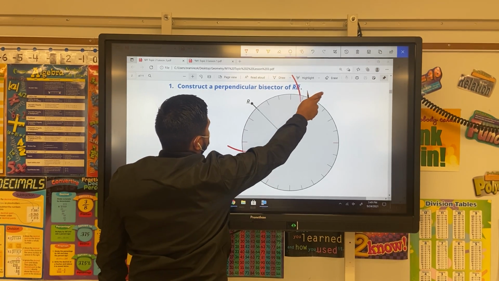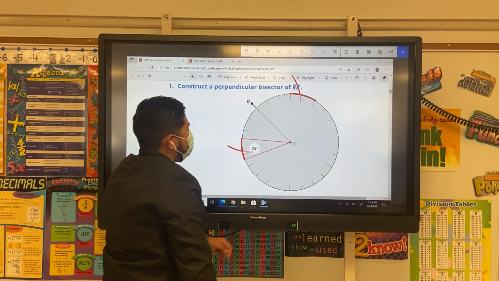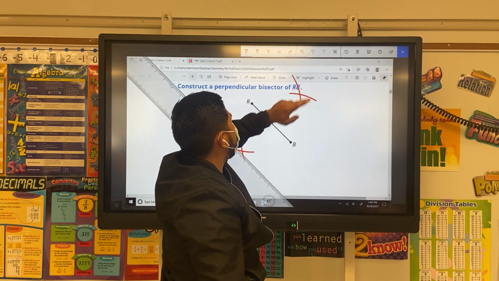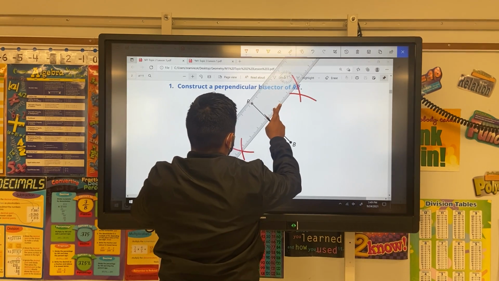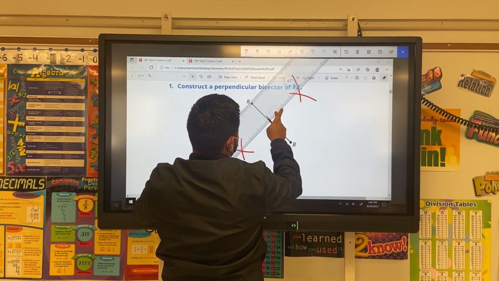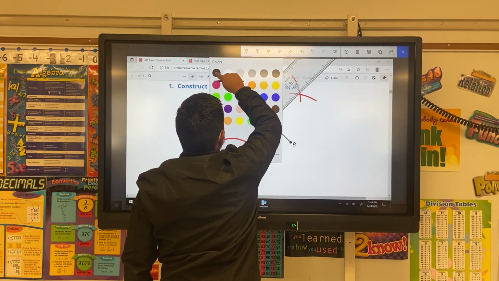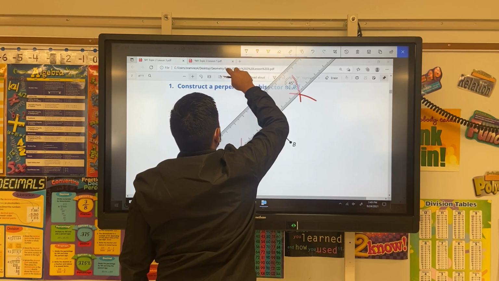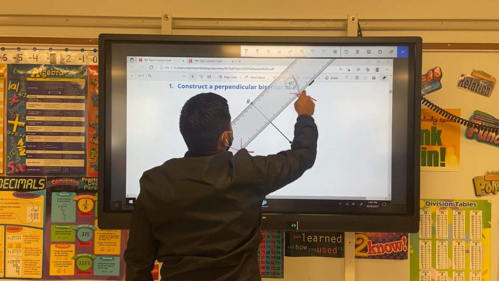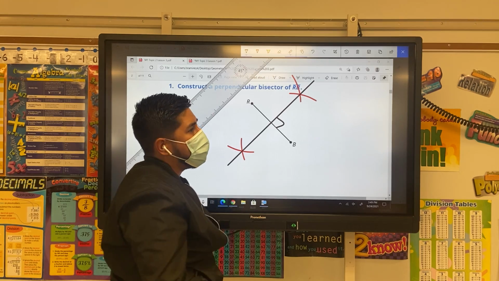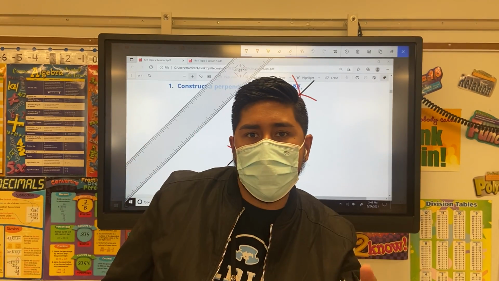Before we're only drawing one arc, but if you draw both arcs, that'll give me a much straighter line. And we should be able to construct a perfect bisector. I did it pretty fast. Of course, you can definitely rewind. I don't want to keep doing that, sorry. And we just constructed our perpendicular bisector, which is also 90 degrees.